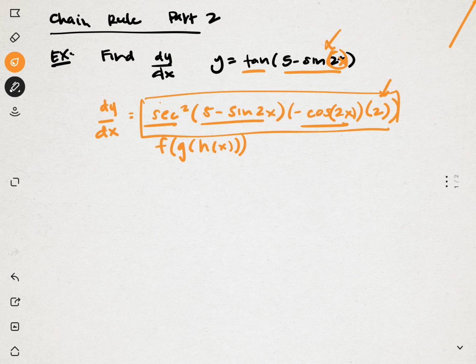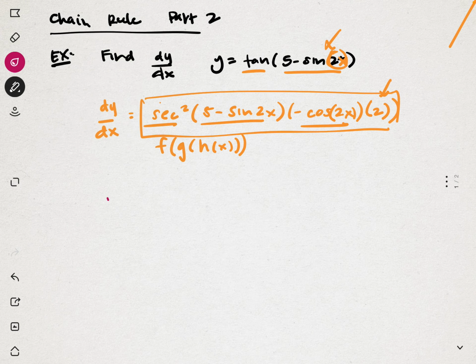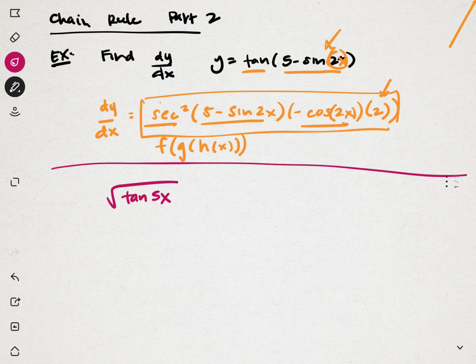Let's do square root tangent 5x. Okay, so we have square root tangent 5x. Alright, I like this one because we have the root.